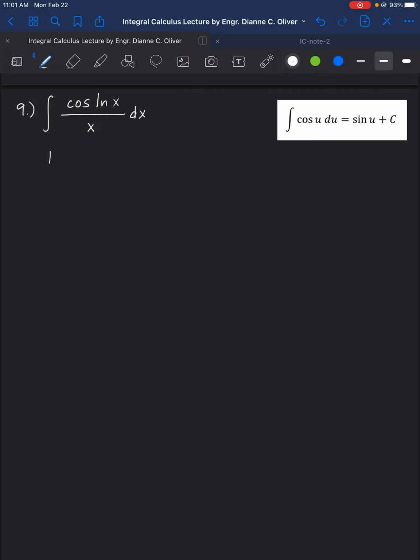So let u be equal to ln of x. The derivative is 1 over x dx. Then let's follow the pattern. Rewrite cosine, put the u and the du.